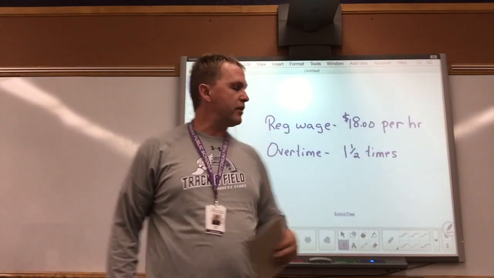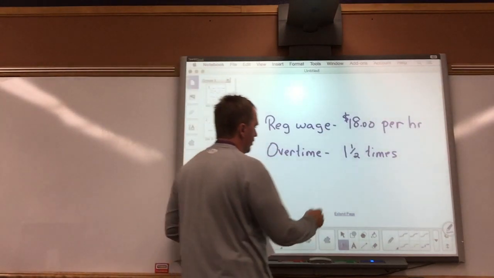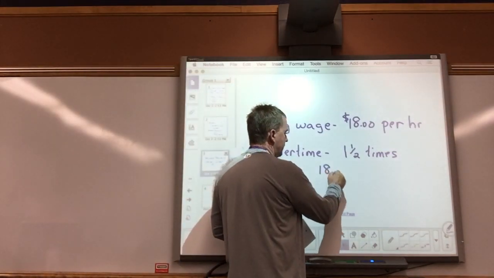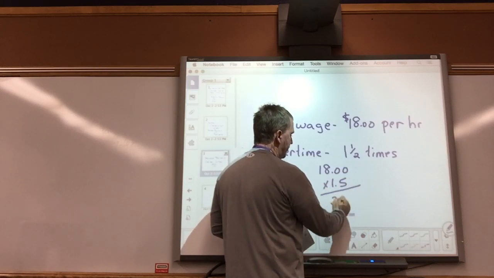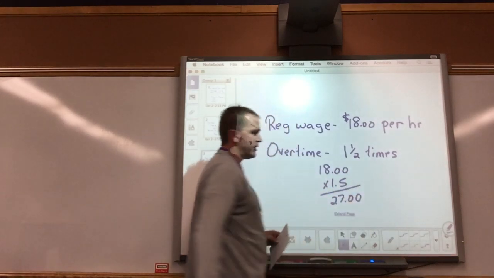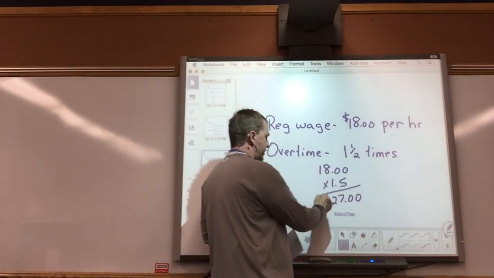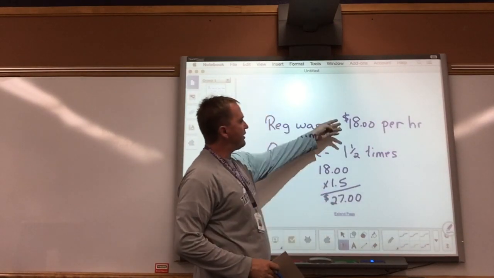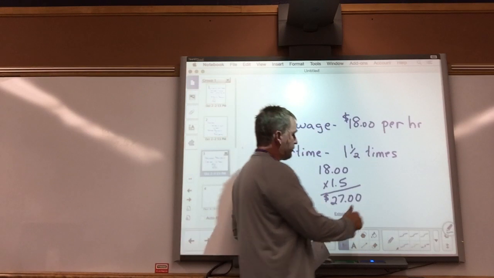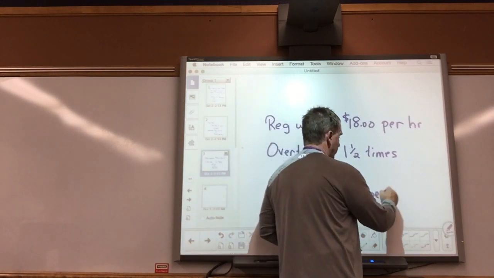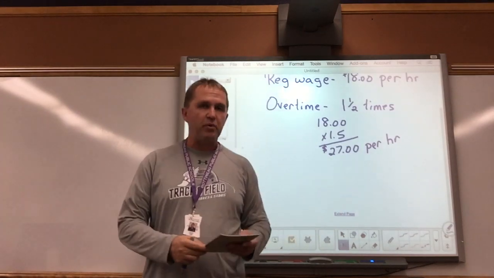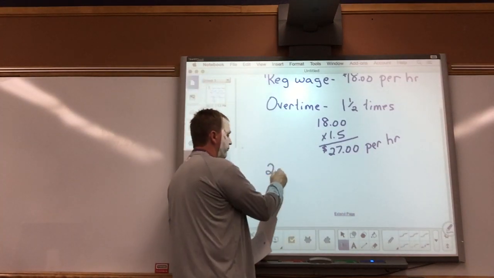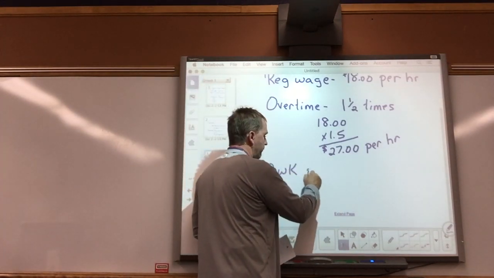So if we were going to calculate that, which would be important at this point, we're probably going to want to take 18 and multiply that by 1.5, which if we do that, it turns out to be $27. So in this case, our regular pay will be $18 per hour, and our overtime is going to be $27 per hour. We're going to look at a 2-week period, so a 2-week pay period.